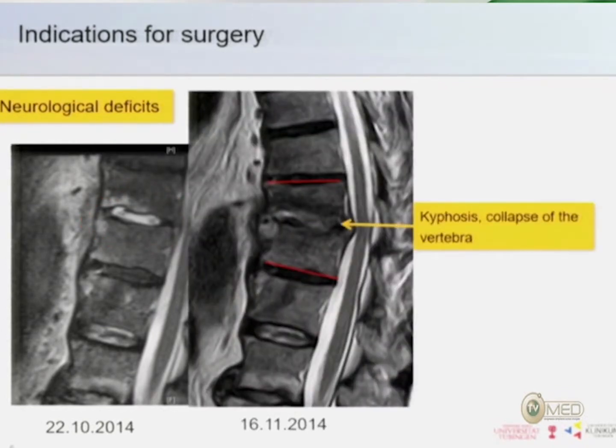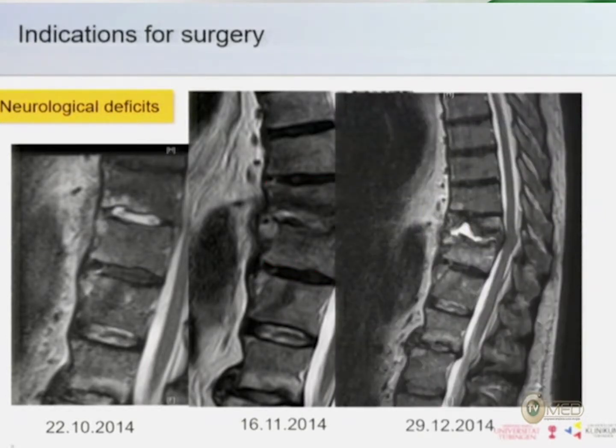You have here a kyphosis, a collapse of the vertebra, and you see you have a progressive disease. And now I told him, now we should do surgery. But again, he said, "Oh no, I don't want to have any kind of surgery." So we did another control 1 month later.